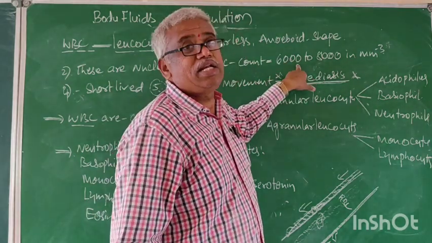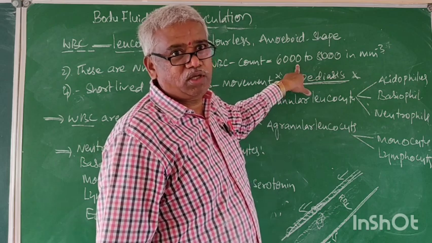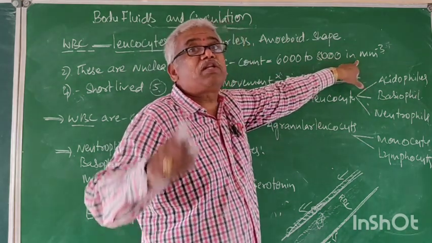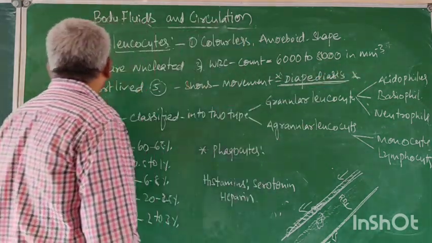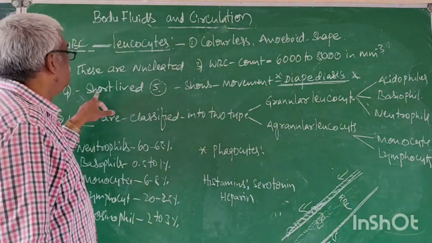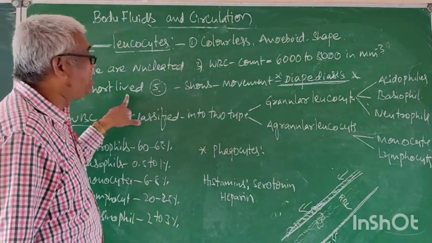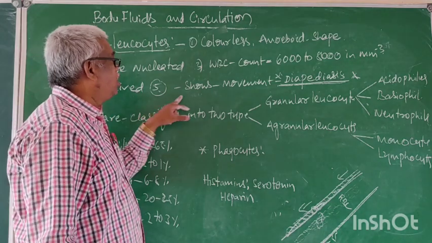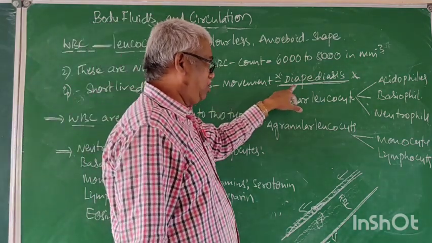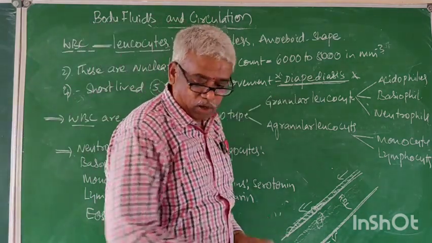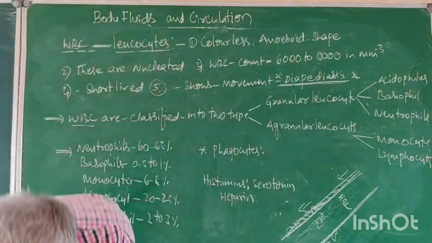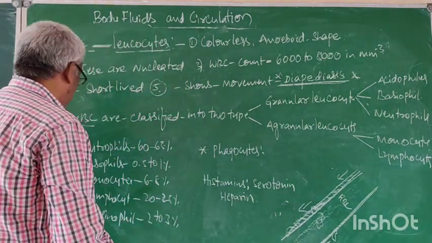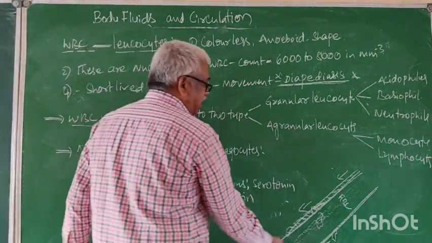So this is the WBC count in cubic millimeter of the blood. Now come to this. These are short-lived than the RBC. Now the WBC is again classified into 2 categories. Right? 2 categories.